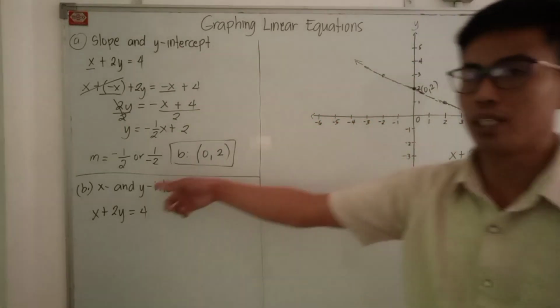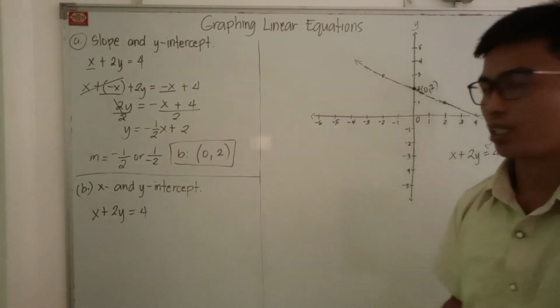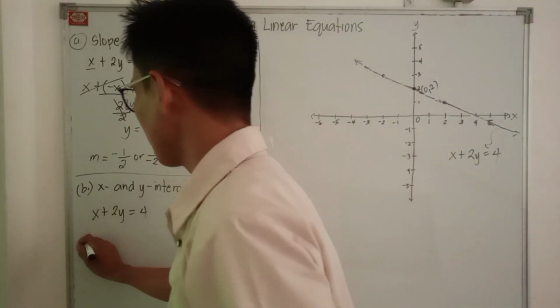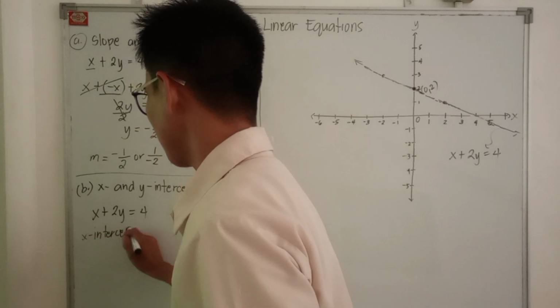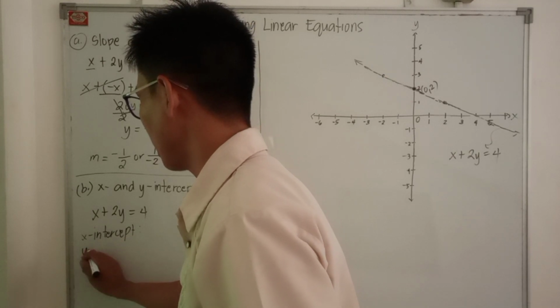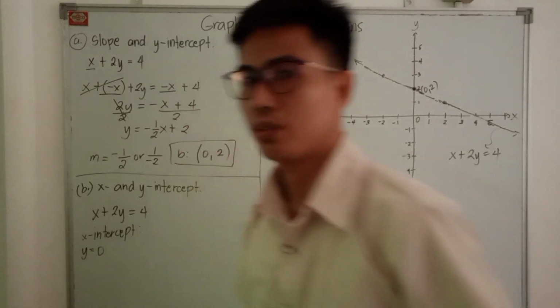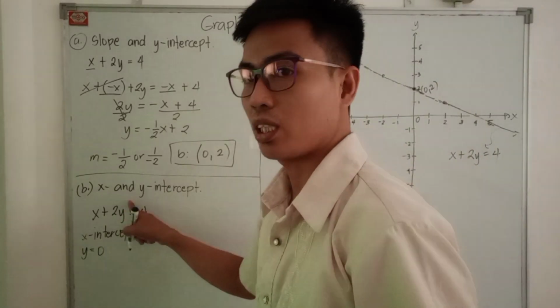So, using the x and y-intercept, tingnan natin kung magiging pareho sila ng magiging graph. So, solving for the x-intercept, from the first example, alam natin na kapag x-intercept, y equals 0. So, by substitution, ipapalit lang natin yung value ng y dito sa ating original equation.